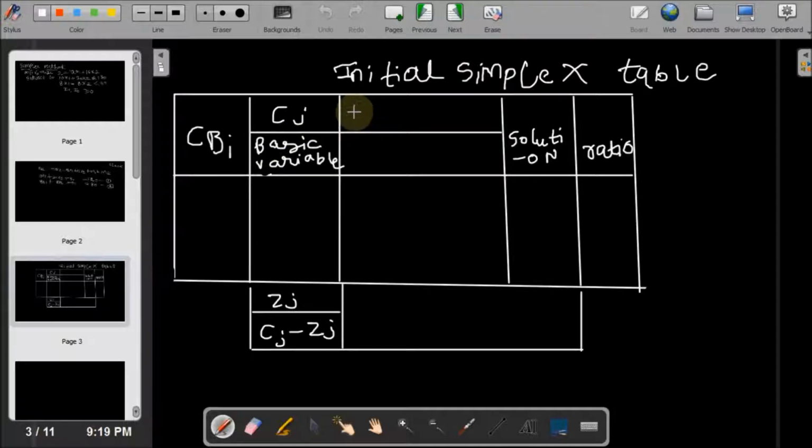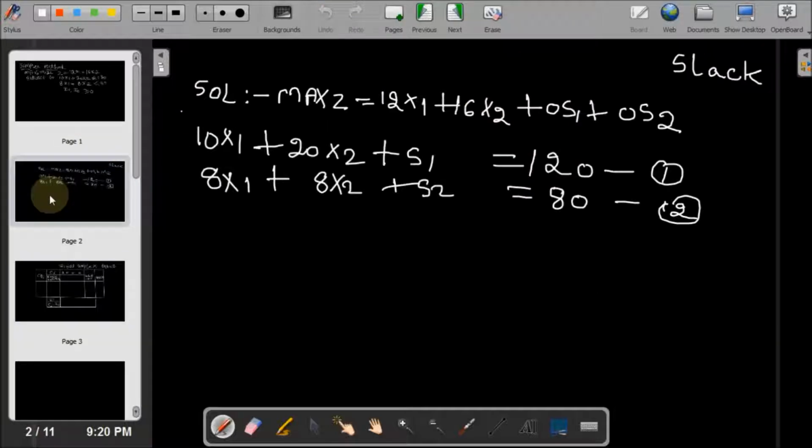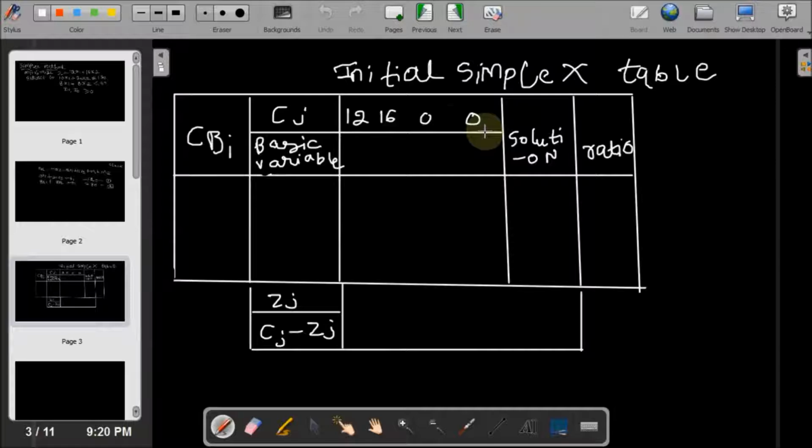So 12 is the first value of the objective function, next 16, then 0 for s1 and 0 for s2, since you know the s1 and s2 values are 0. So I added those values here.